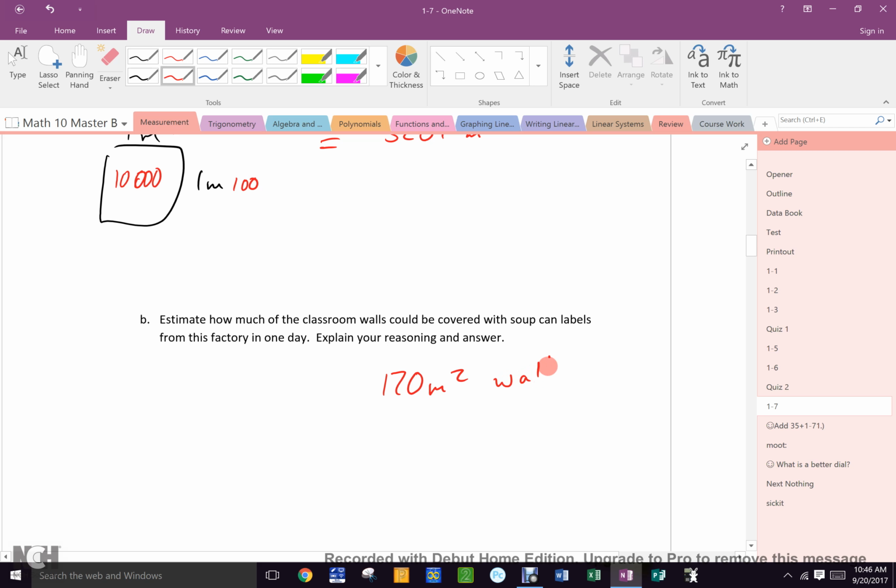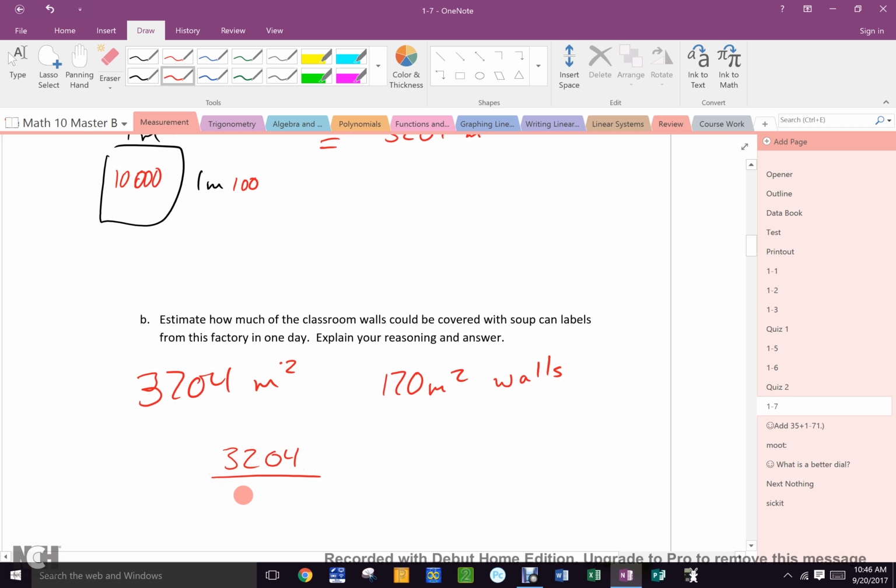I have 3,204 meters squared of paper. What do I do with those two numbers? Divide which by which? Divide the bigger number by the smaller. Why?